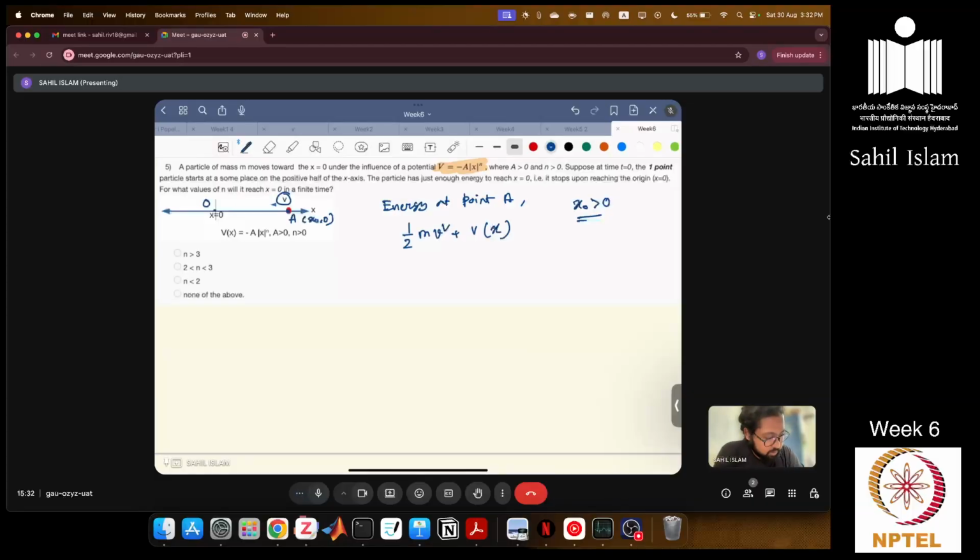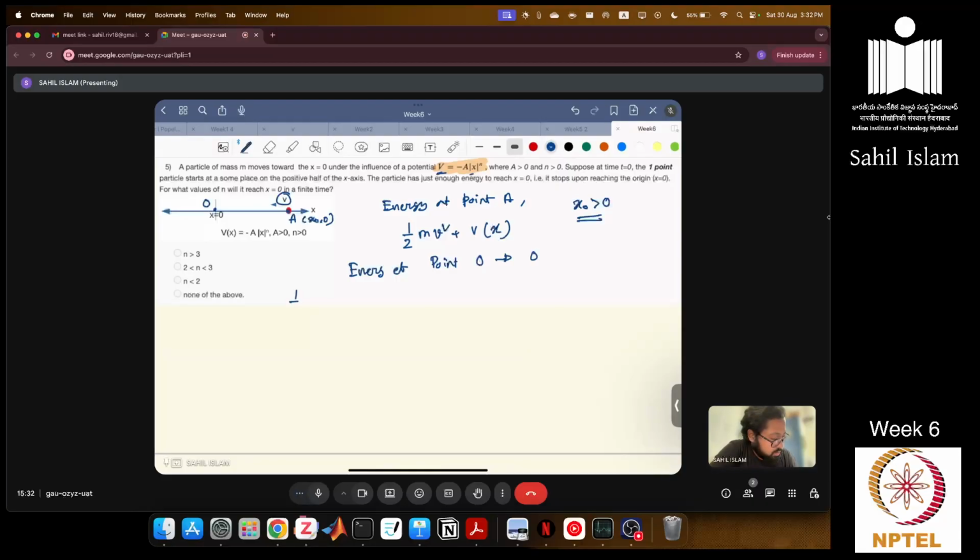Now at O, the energy at point O is 0. Why? Because it stops at O, so there is no kinetic energy, and also at x equals 0, this V(x) is 0, so it is 0.